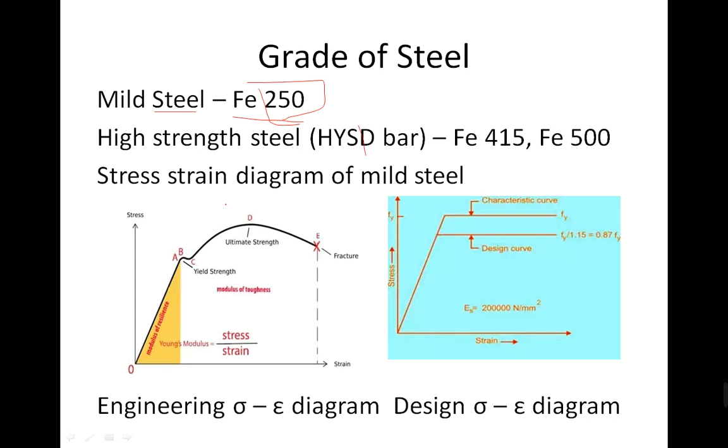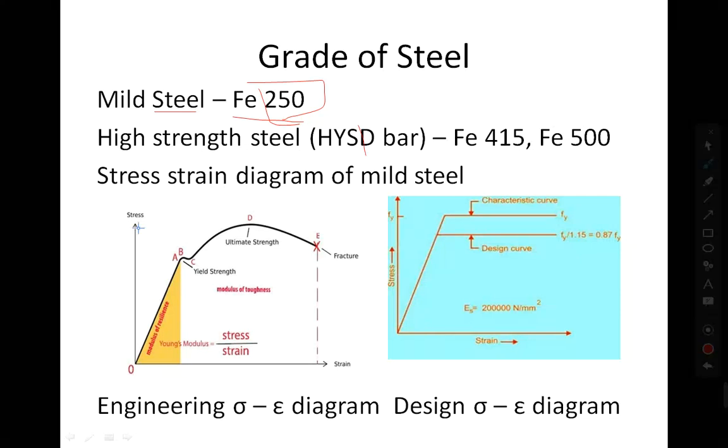The high strength steels are designated by Fe 415 and Fe 500. This is the engineering stress strain diagram of mild steel.